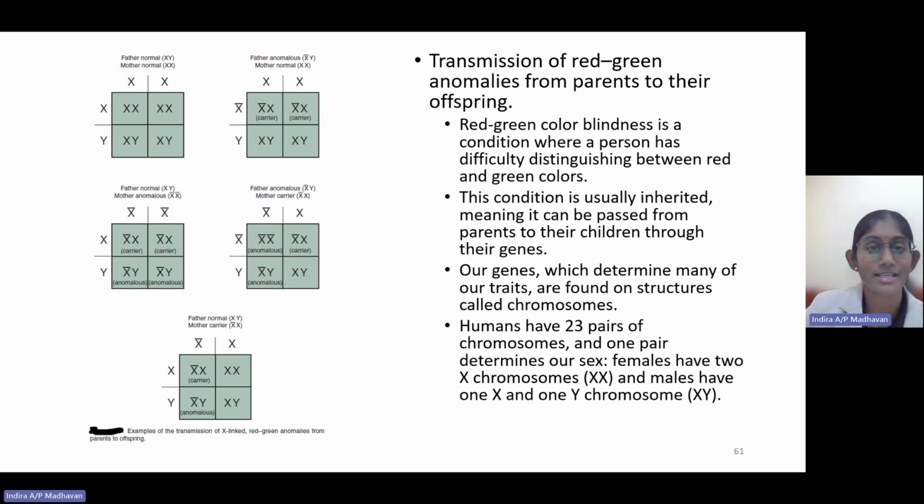Females have 2 X chromosomes while males have 1 X and 1 Y chromosome. So out of the 23 pairs in our cells, only one pair determines our sex, whether it's a girl or boy. Girls have 2 X chromosomes, while males have X and Y. This is the basic biology behind it.